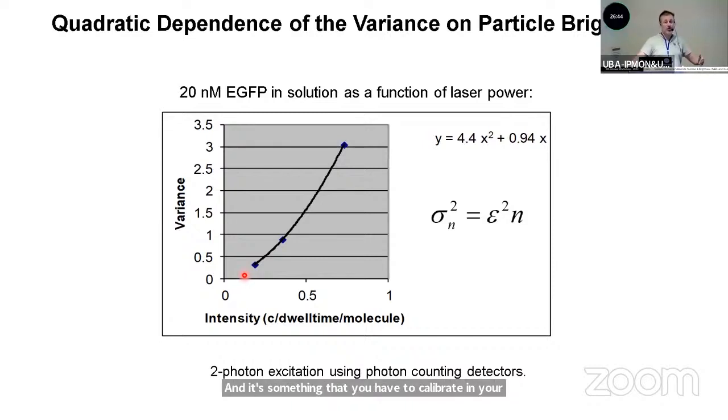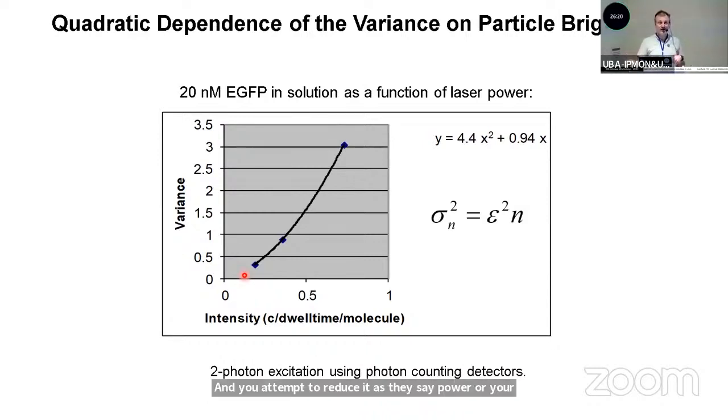And it's something that you have to calibrate into your experiment. And this tells you something more. If you do an experiment, you start with a cell and set up your power, and the whole experiment was running okay, but you move to another cell and now you are saturating your system and you attempt to reduce the laser power, your calibration is already screwed.